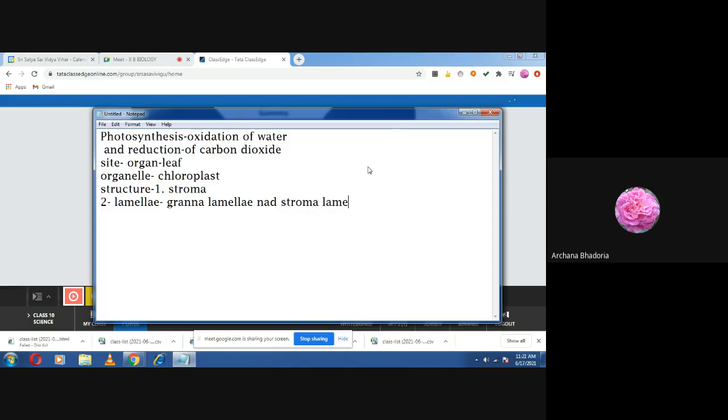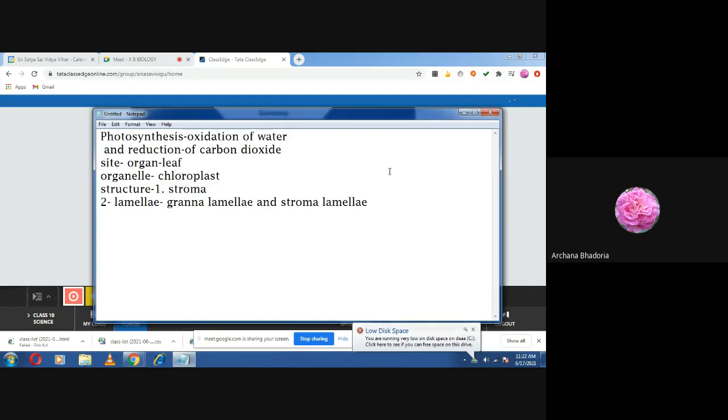Now, why do I want you to remember this, children? Because some reactions of photosynthesis will occur in the stroma part, and some reactions will occur in the grana lamellae.